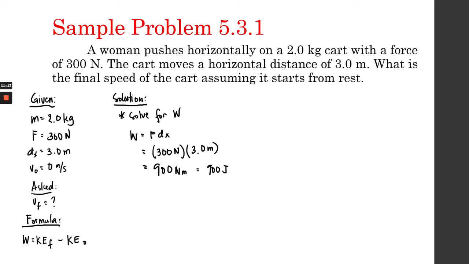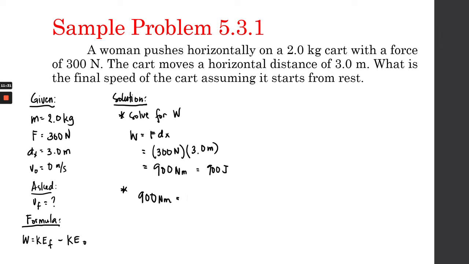Next, after solving for work, we're going to use this to equate our equation. Let's use newton meter as our unit. So we have 900 newton meters equal to KE.